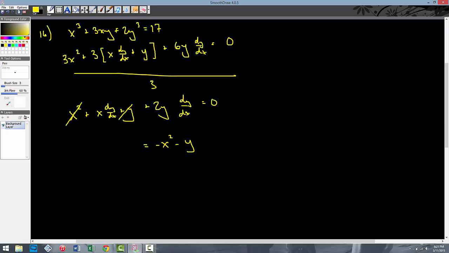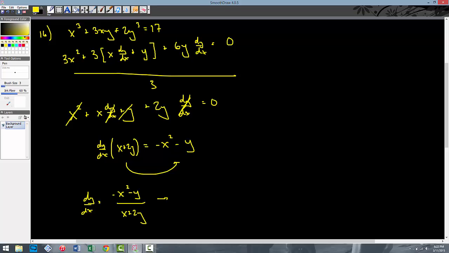And that's going to equal dy dx times x plus 2y. I have now factored out this thing, and factored out this thing, leaving me with the x plus 2y on the inside. Kick this thing over. I get dy dx is equal to negative x squared minus y over x plus 2y. Now, you have to look for which version of this actually matches.